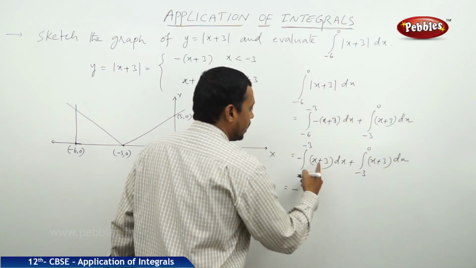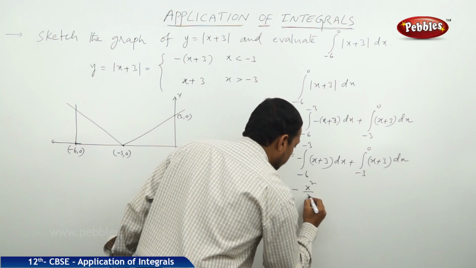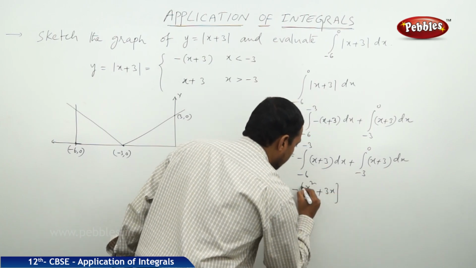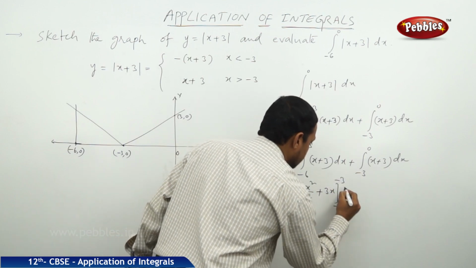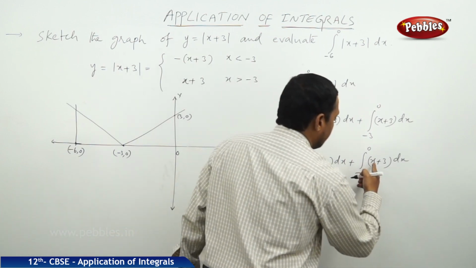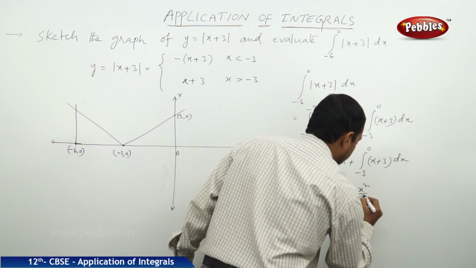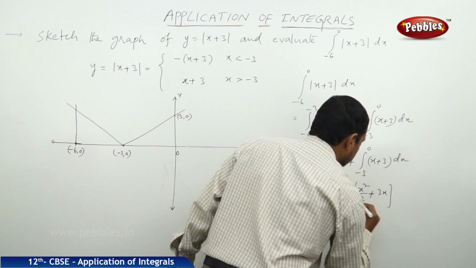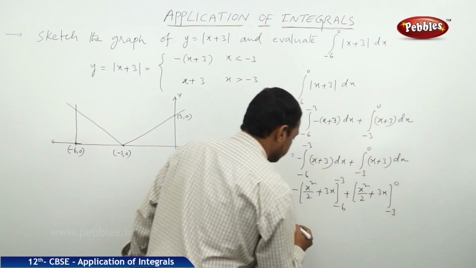Minus of the integral of x, which is x square by 2, plus the integral of 3 dx, which is 3x, under the limits minus 6 to minus 3, and the integral of x is again x square by 2, and the integral of 3 dx is 3x between the limits minus 3 to 0.